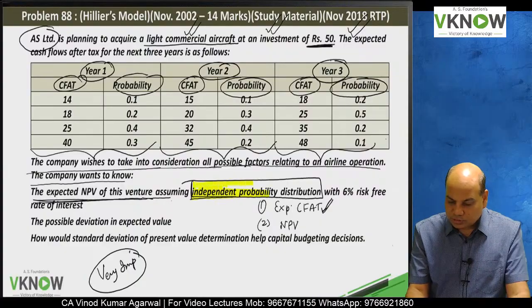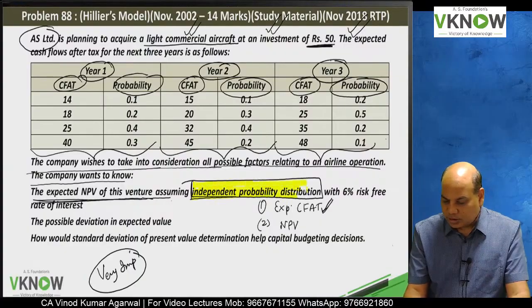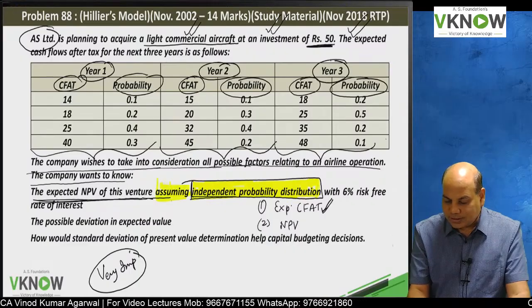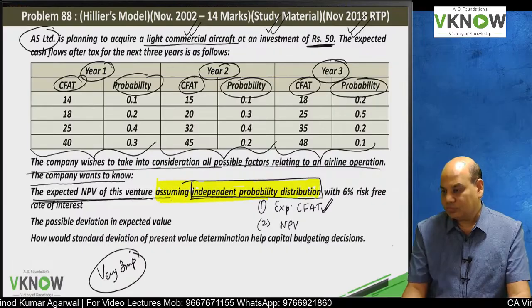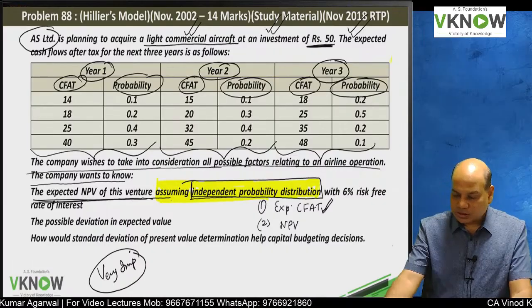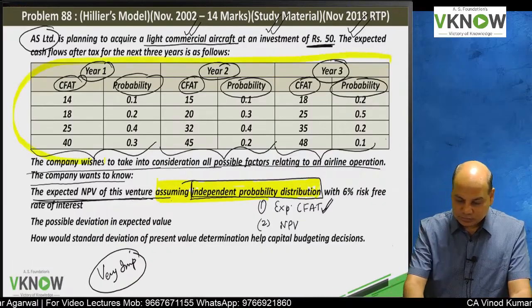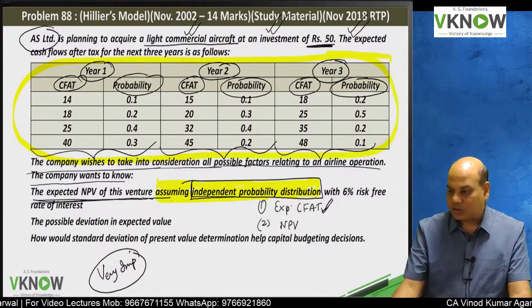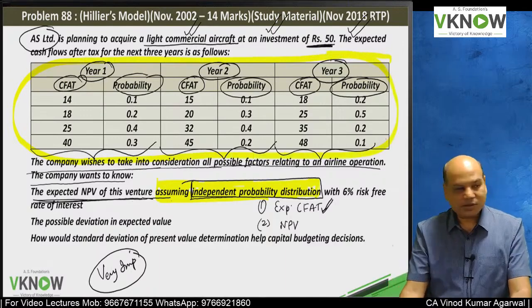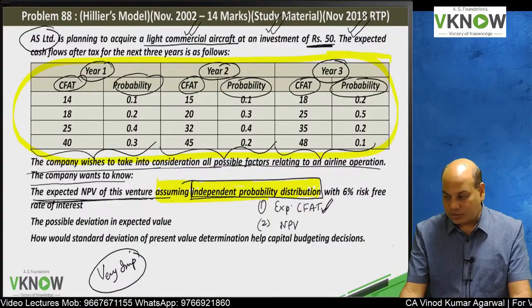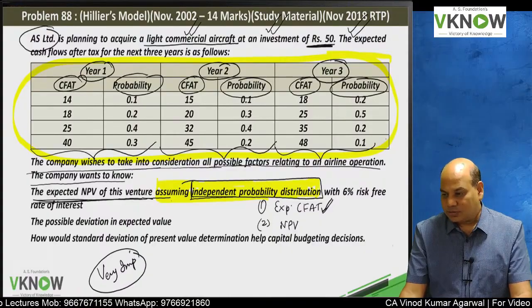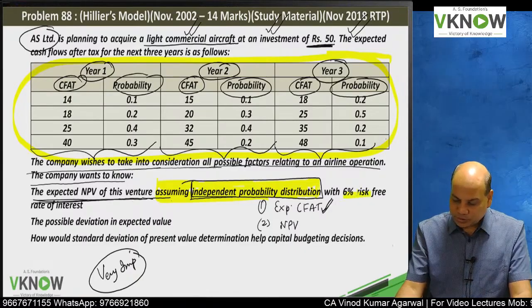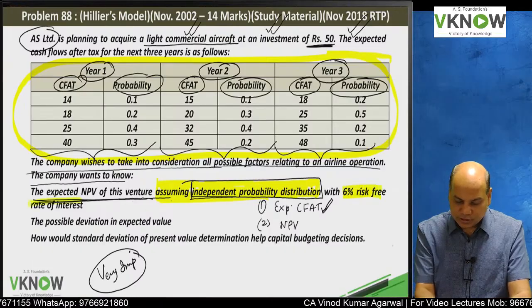Hillier model we are going to apply in this question, and Hillier model under the assumption of independent cash flow. To compute the standard deviation of the entire project, I need to find out standard deviation under the assumption of independent probability distribution with 6% risk-free rate of interest.